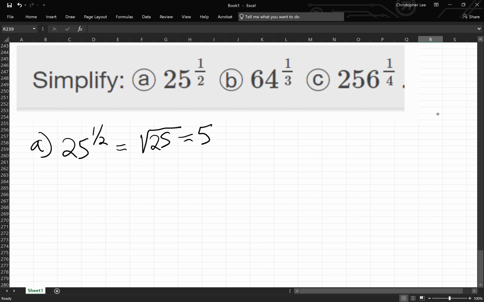That's it. How about B? Exactly, right? Yep, you're right. Cube root of 64, which is what? Go ahead. 4, right?